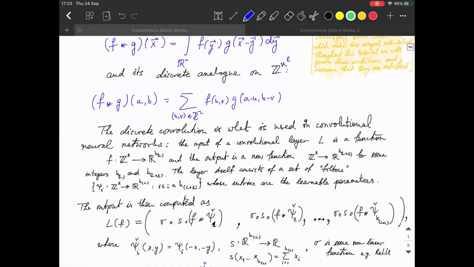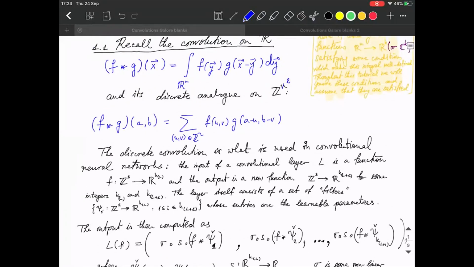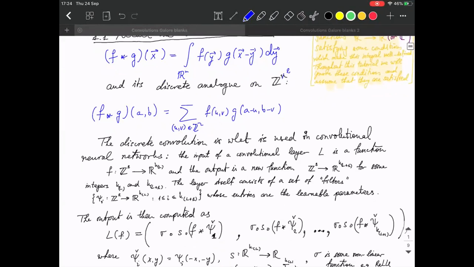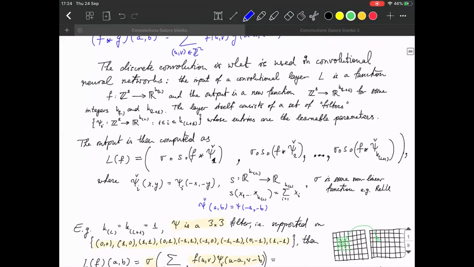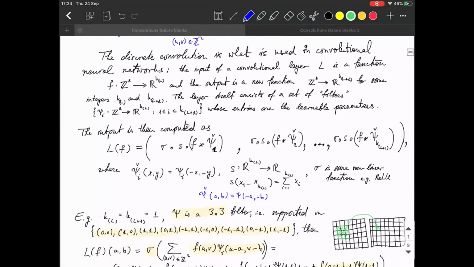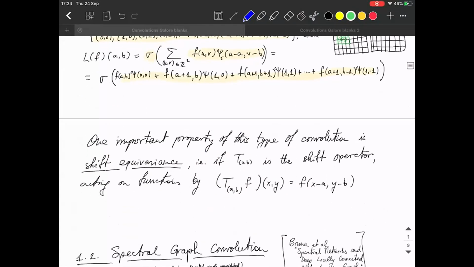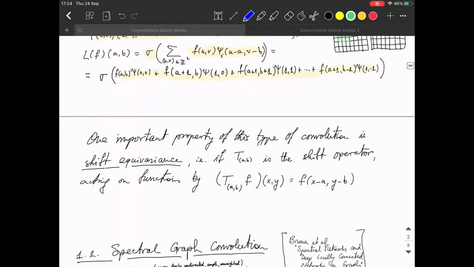So we're shifting x by minus y, and then plugging it into g. And it's these shift operators that are behind a lot of natural notions of convolution.